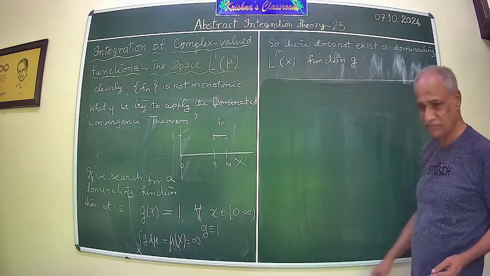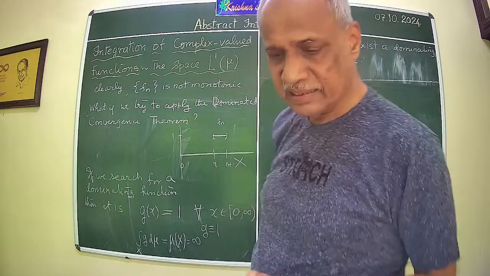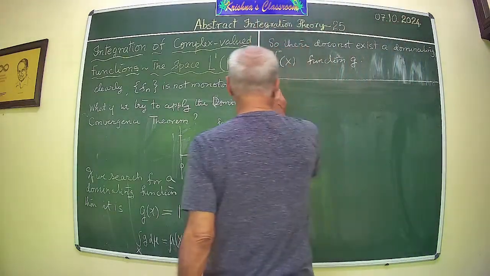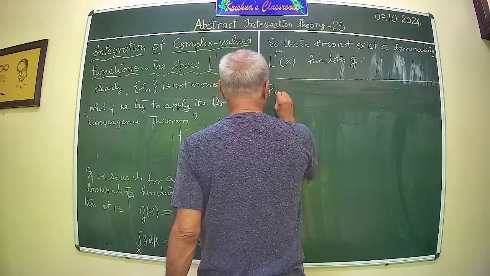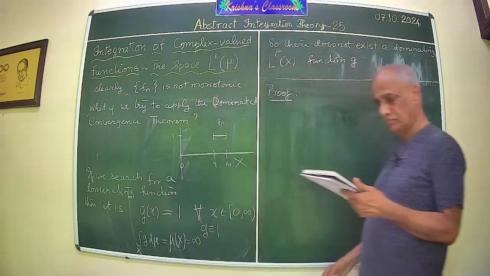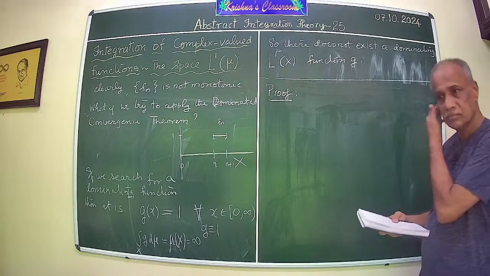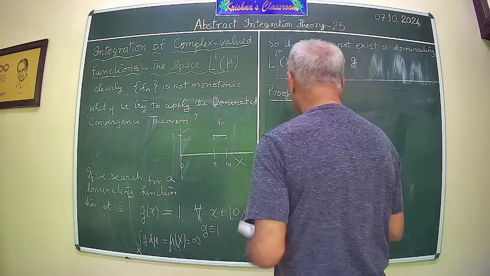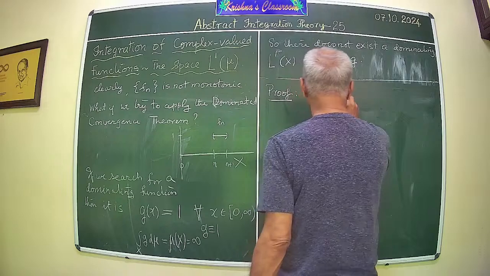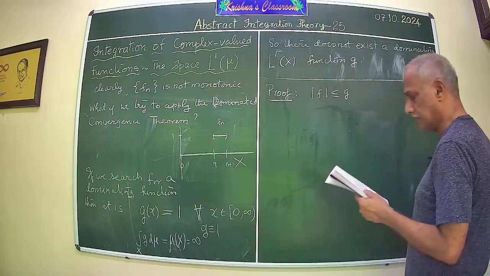It's a sort of multi-purpose example, an omnibus example for our purpose. Nice example. Okay, now let us go to the proof. So mod f is less than or equal to g, and g is L1.